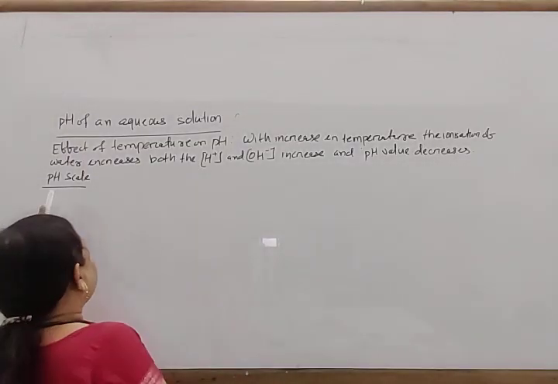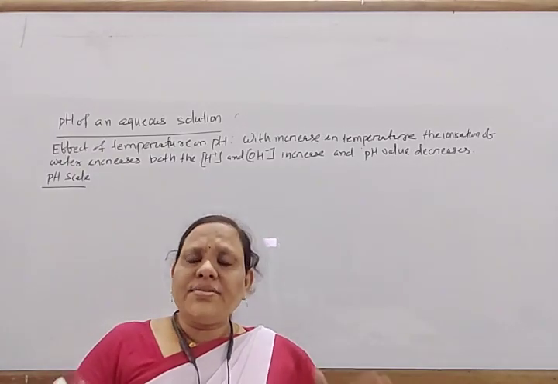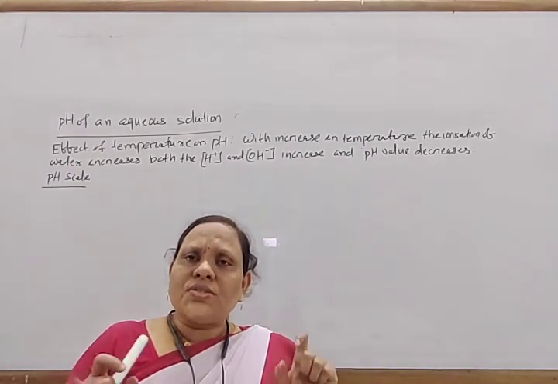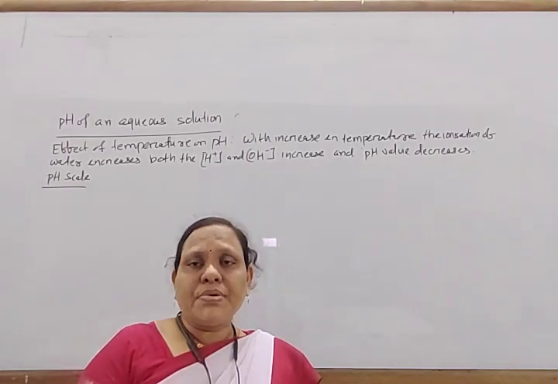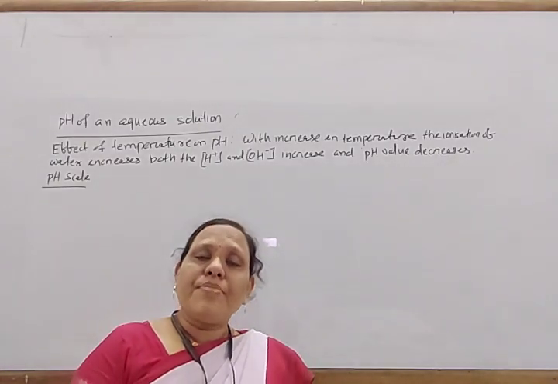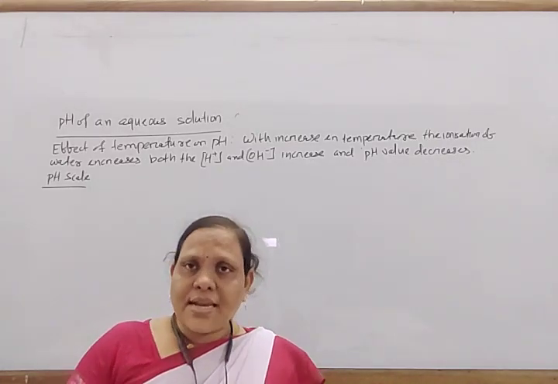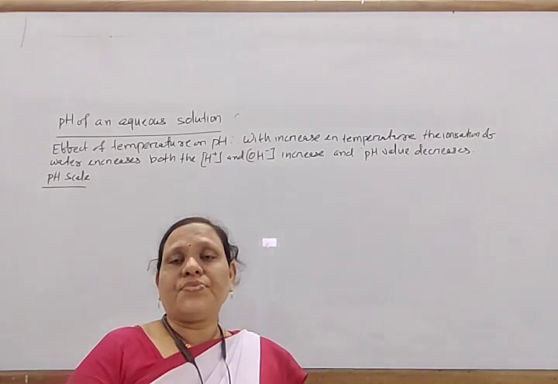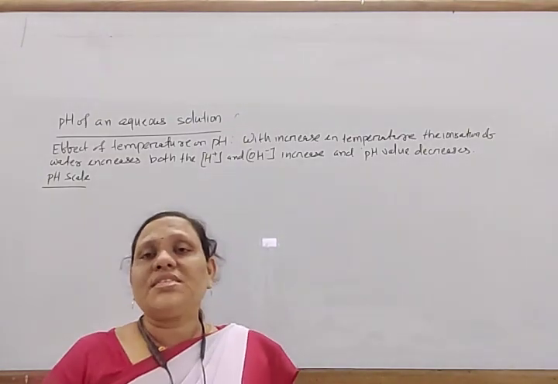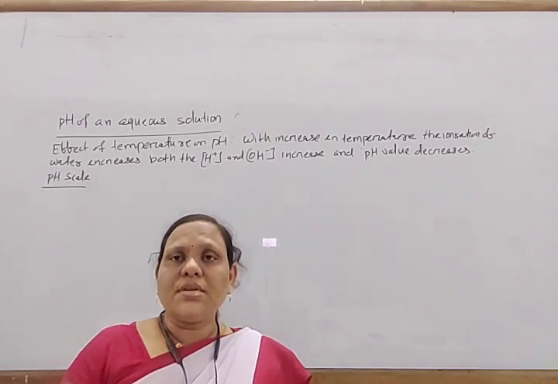Next, what is the pH scale? The pH scale is a scale that can measure the concentration of different solutions, whether they are more acidic, less acidic, or neutral. All that can be known from the pH value.